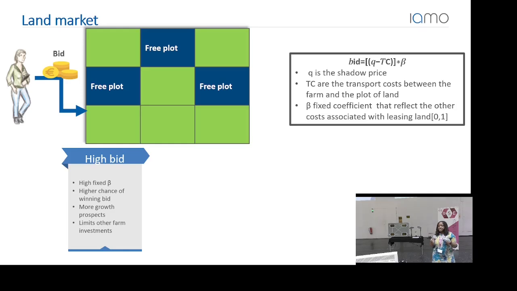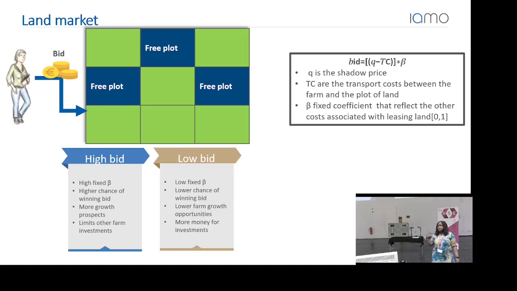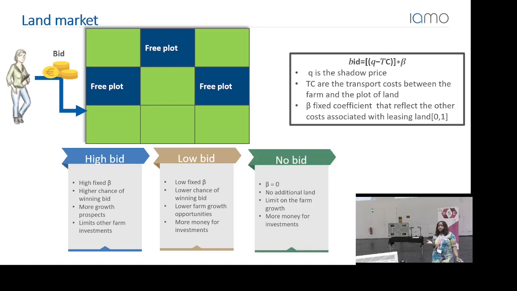As much as I'm able to get the land and maybe grow, it limits how much I can do with it. If I decide to go low, it means I lower my probability of getting that piece of land, and if I lower my probability of getting that piece of land, I won't be able to grow as fast as I can. I can only grow using the resources I have, and if you decide to bid, then it limits you even further.